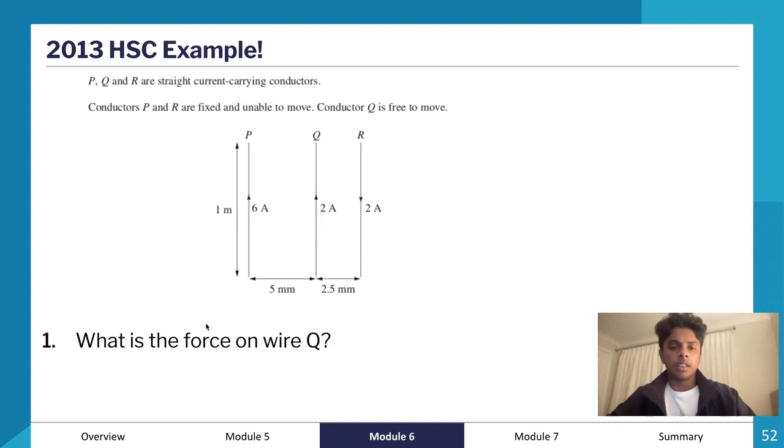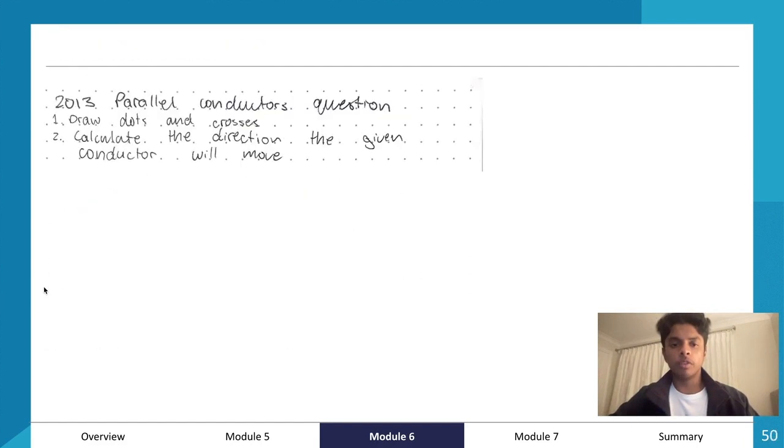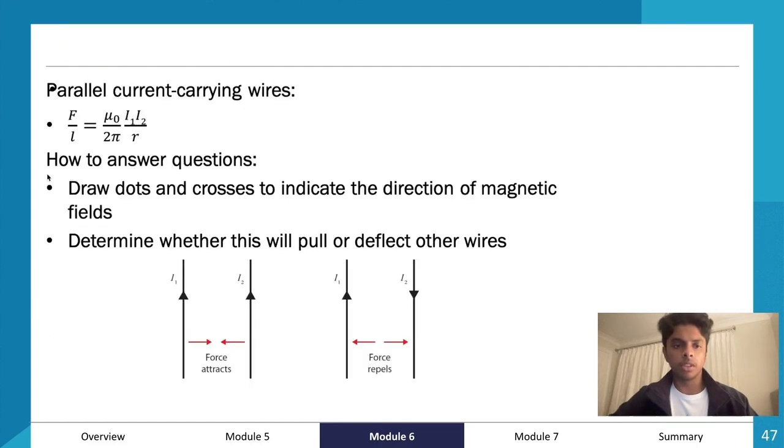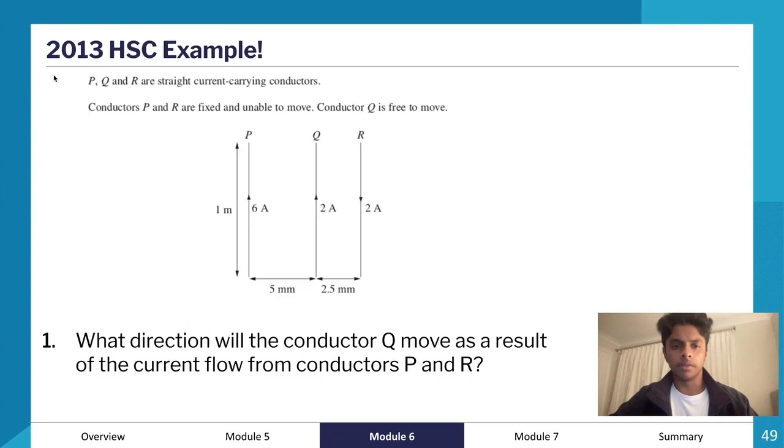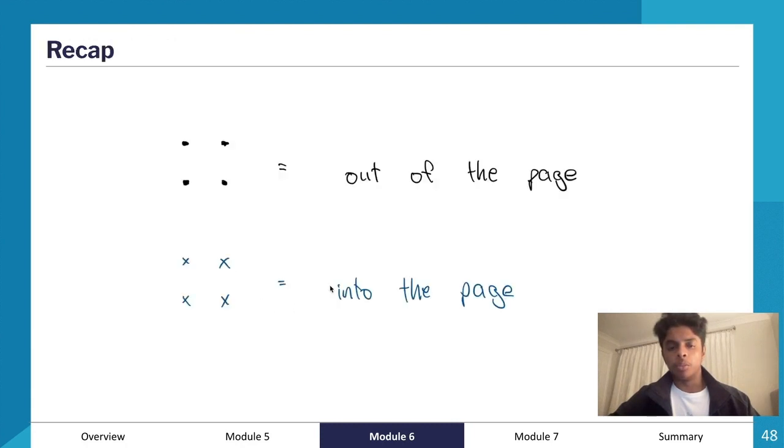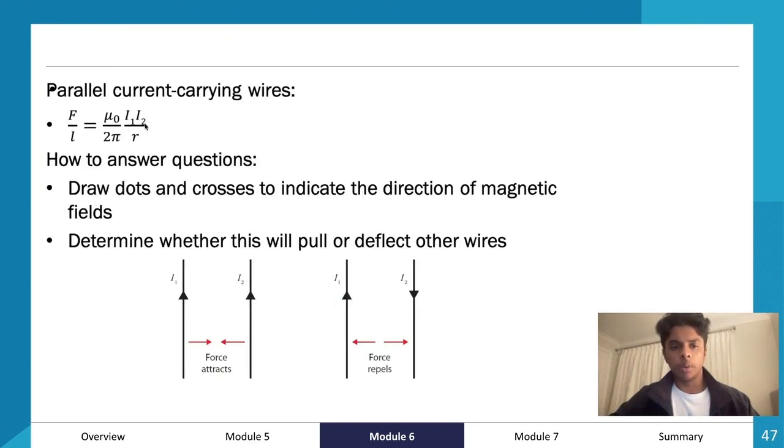So what is the force then on wire Q? Well, to calculate the force, we'll be looking for a numerical value. To calculate this force, we can use the formula that we went through a bit earlier, F over L. We have L as 1 meter, and we have the distances, 5 and 2.5, so we have r as well, and we have the currents as well.